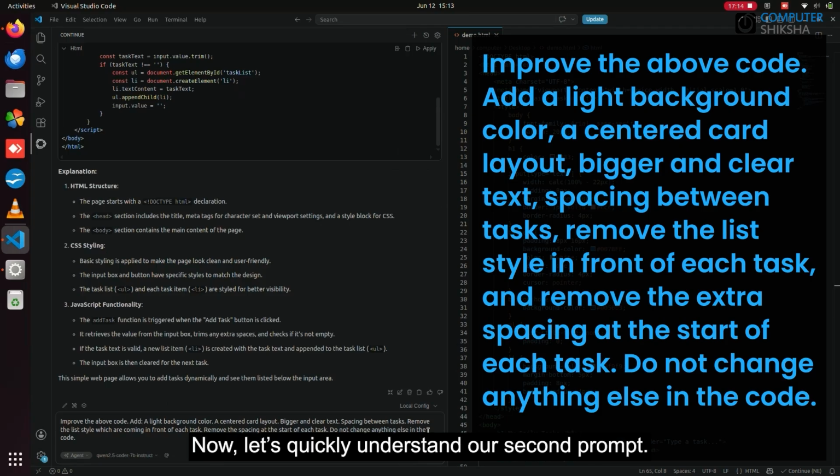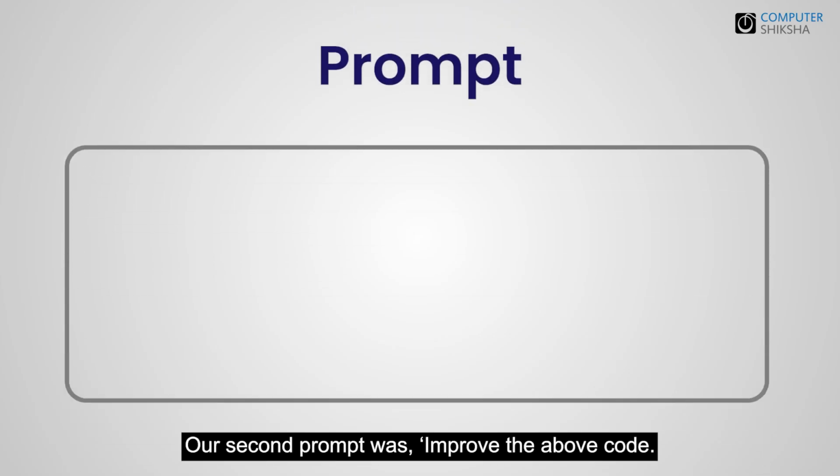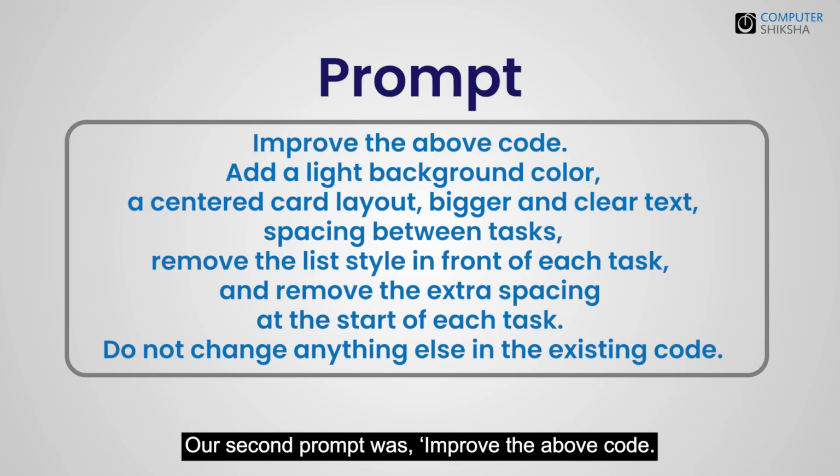Now, let's quickly understand our second prompt. Our second prompt was: improve the above code. Add a light background color, a centered card layout, bigger and clear text, spacing between tasks. Remove the list style in front of each task and remove the extra spacing at the start of each task.